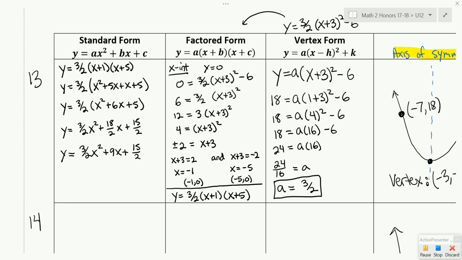So sometimes it's nice going from vertex form to factored form. What's my y-intercept? Standard form's the easiest one for this one. 0, 15 over 2.